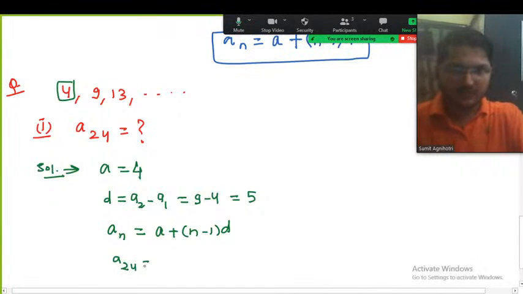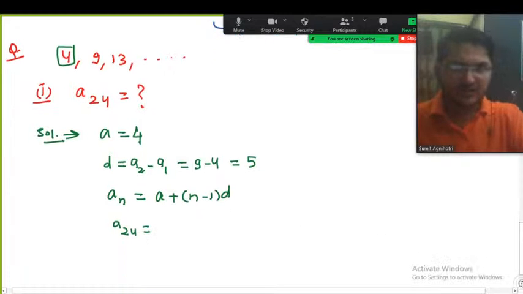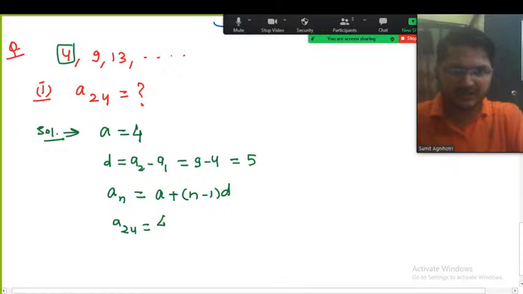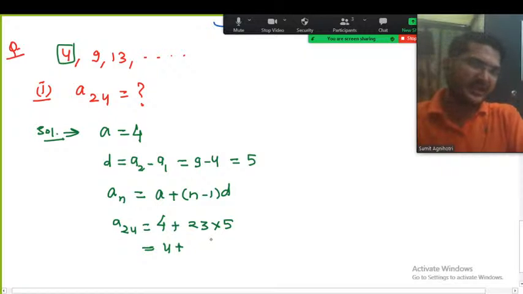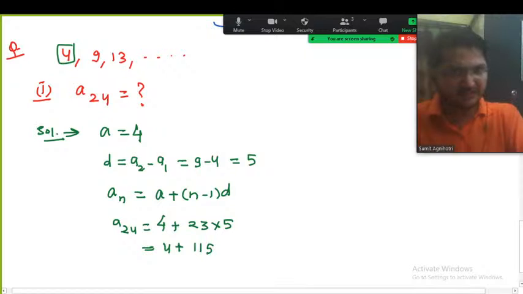If you write 24 in the place of n and 4 in the place of A, 24 minus 1 will be 23, and you have to write 5 in the place of D. You will get 20 times 5 is 100 and 3 times 5 is 15, it's 115. And if you add 4, you will get 119. That is your 24th term. You got 119 as your 24th term.